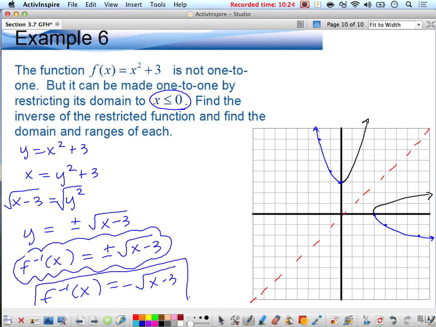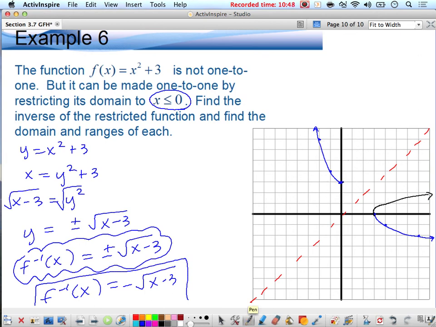Typically, if I ask you to do something like that, I just let you give me the whole inverse. I don't make you restrict it to the positives or the negatives or make it 1 to 1. But a lot of times we do want to throw out certain portions of the domain.